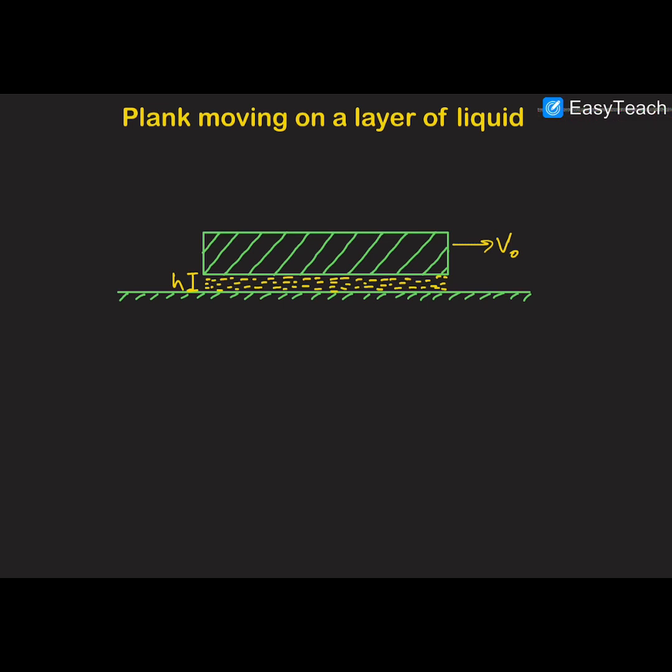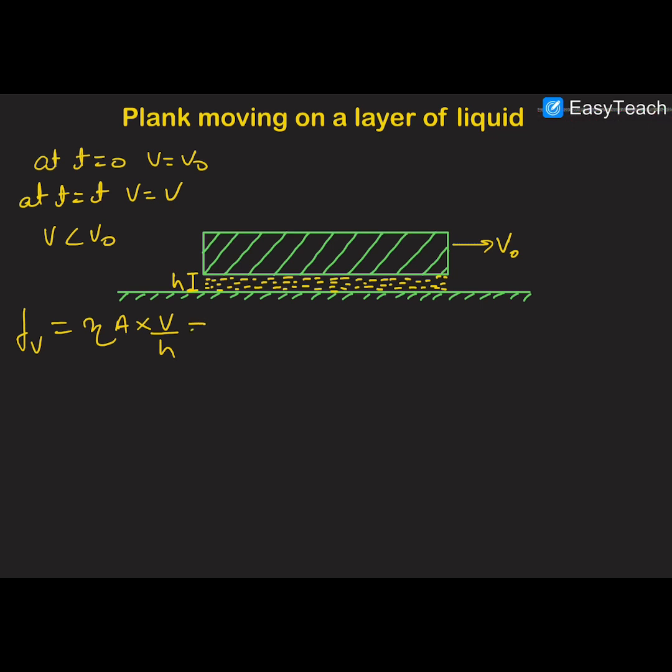So in this case, obviously at t is equal to 0, v is equal to v naught, and at t is equal to t, v is equal to v, and v will be less than v naught because velocity will decrease. Now the viscous force will be equal to eta into A, again A is the area, into velocity gradient at that time, v by h, and I'm ignoring that negative sign because I'm just writing down the magnitude of viscous force.